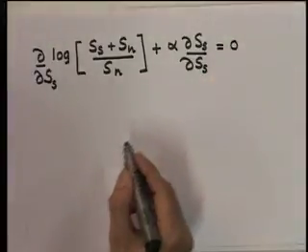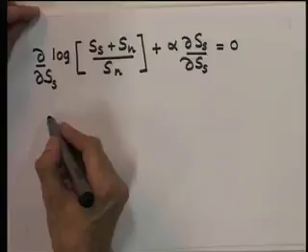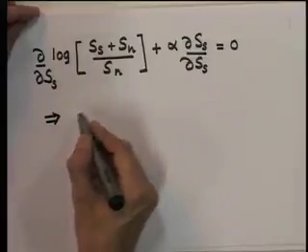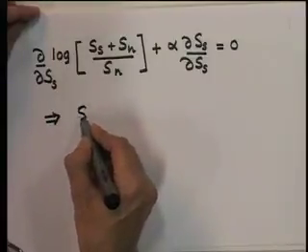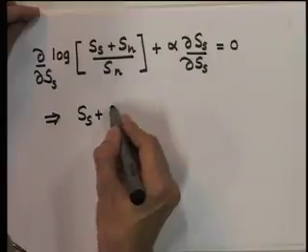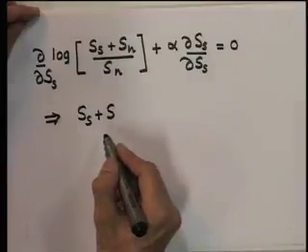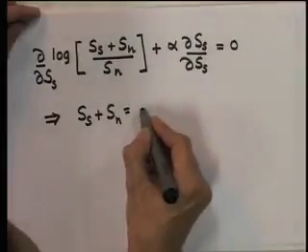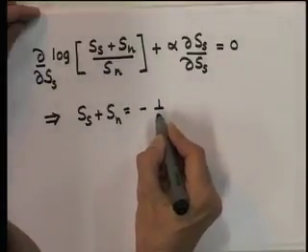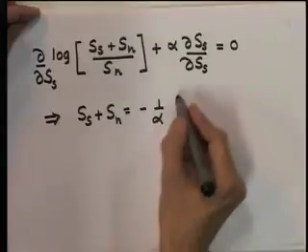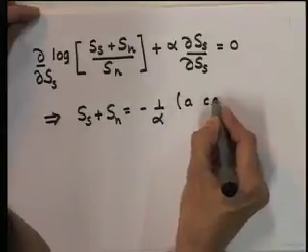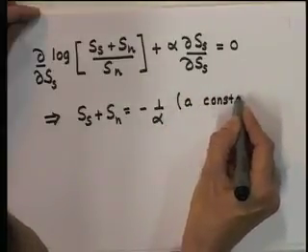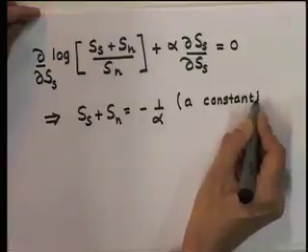From this equation, it is not very difficult to show that signal power density plus noise power density is equal to minus 1 by alpha, which is a constant, since alpha is a constant.